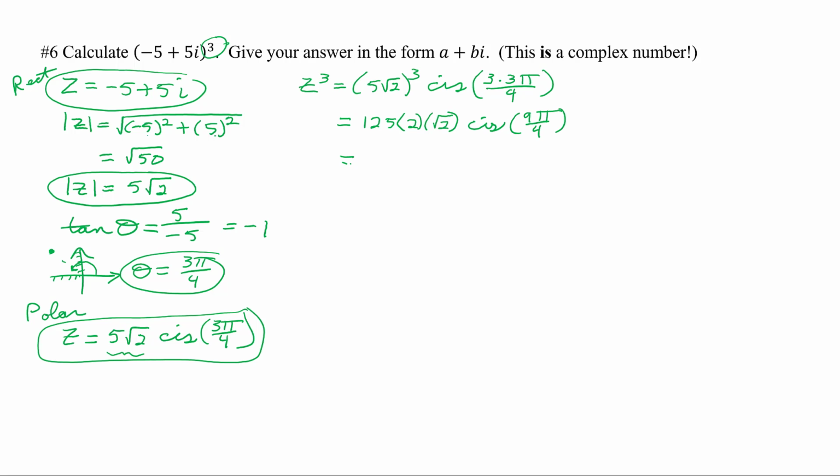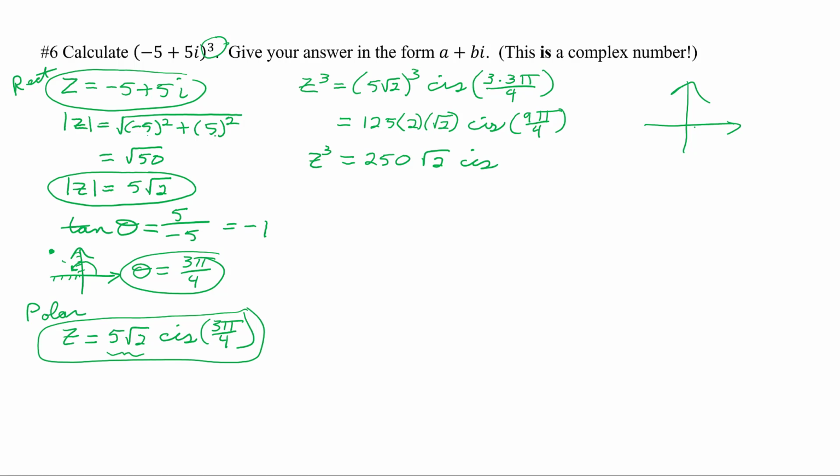Okay, so we'll just simplify a bit further. We have z cubed equals 125 times 2 is 250, so I have 250 square root 2 cis 9 pi over 4. The problem with 9 pi over 4 is that this is outside our range from 0 to 2 pi. So where would we get there?